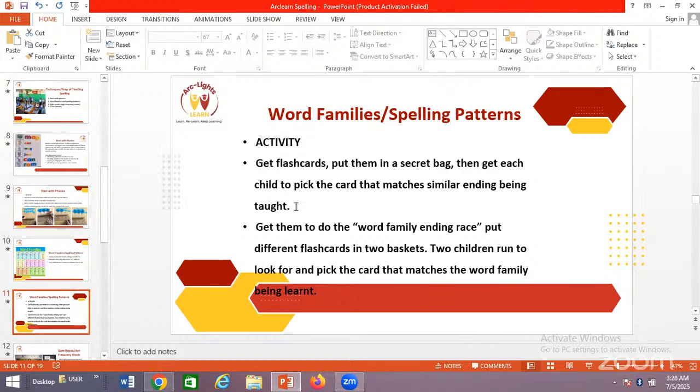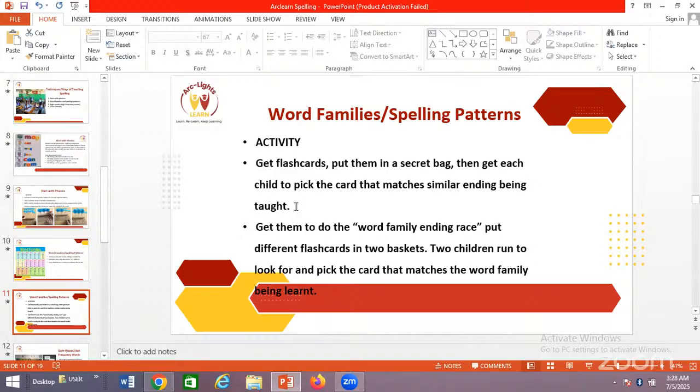Now you can get flashcards. Of course, you already have the word family you're looking at for the week. You put it up, you have your flashcards. Flashcards are easy to make. You get cardboard, write on them, and then you laminate them. If you can't laminate them, get sellotape.